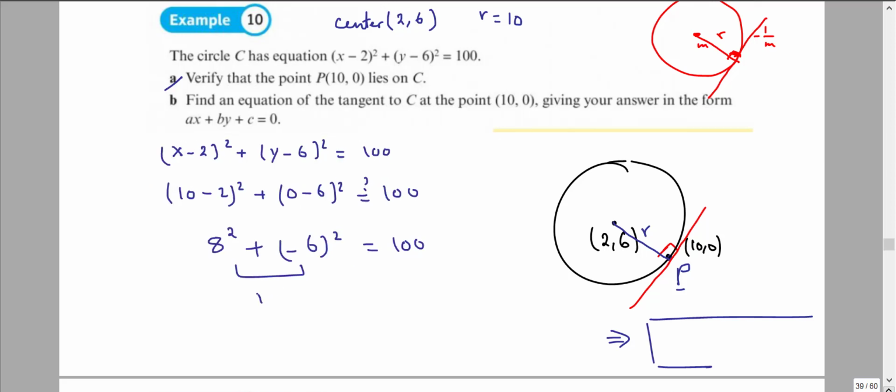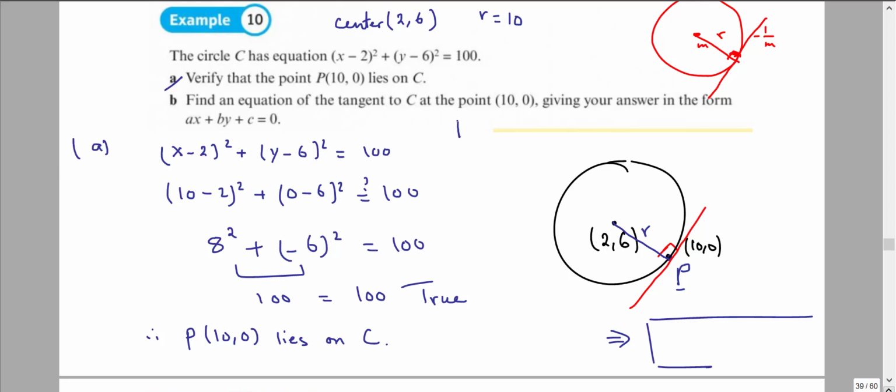So 100 equals 100. Since it's true, therefore P lies on C. Okay, that's part A.